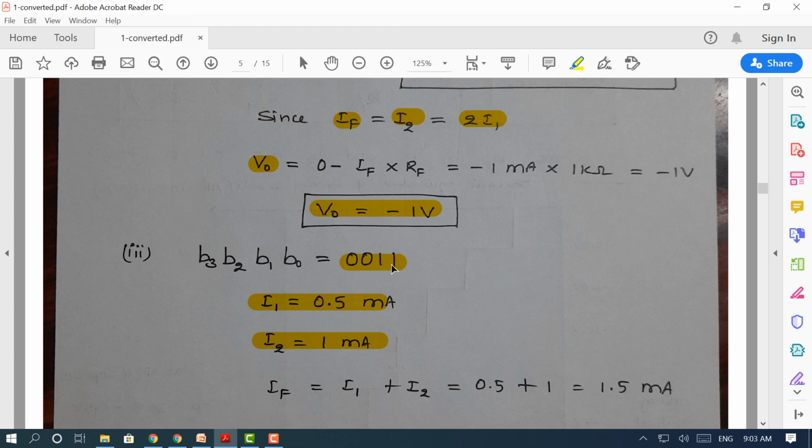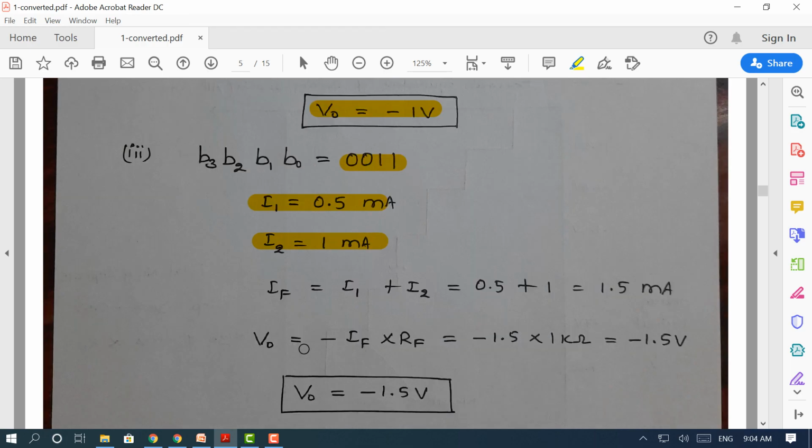Therefore for this combination, since the B0 and B1 switches are closed, IF will be the sum of these two, so the total current flowing is 1.5 milliampere. Once we know the total current, the output voltage can be calculated using the same equation. V0 is equal to minus IF times RF, minus 1.5 milliampere times 1 kilo ohm. Therefore the output voltage is minus 1.5 volts. So this is the output voltage for the input combination 0, 0, 1, 1.